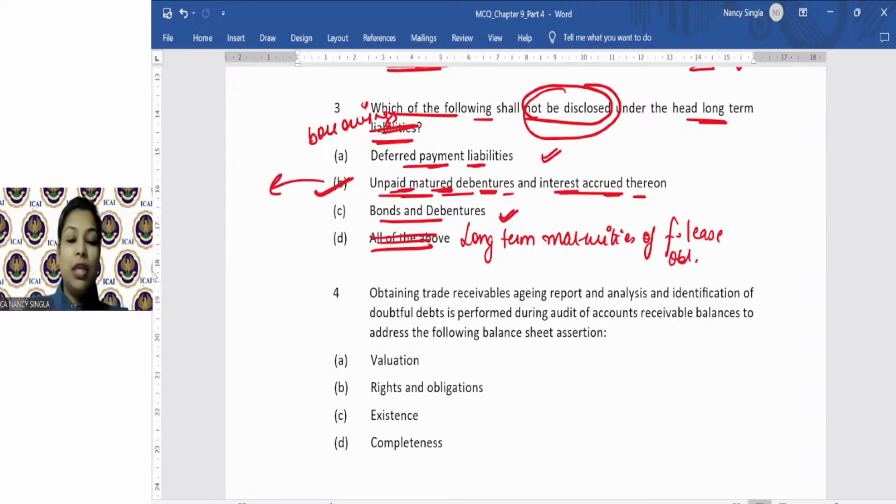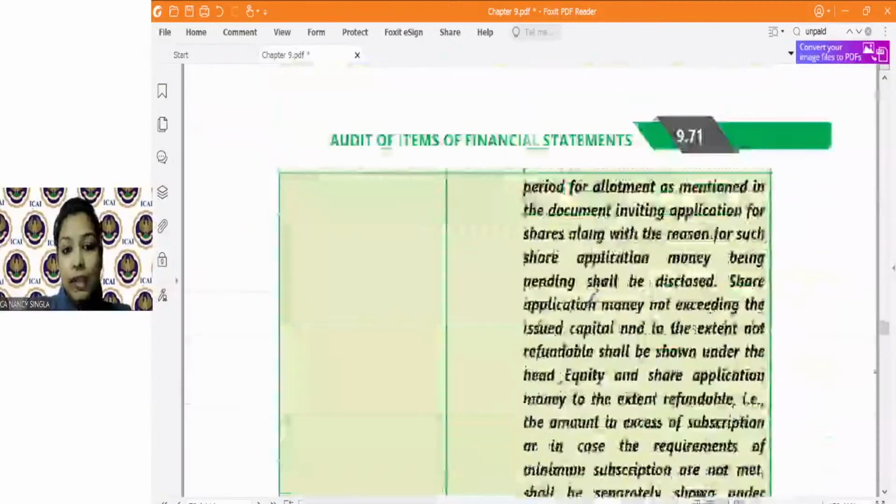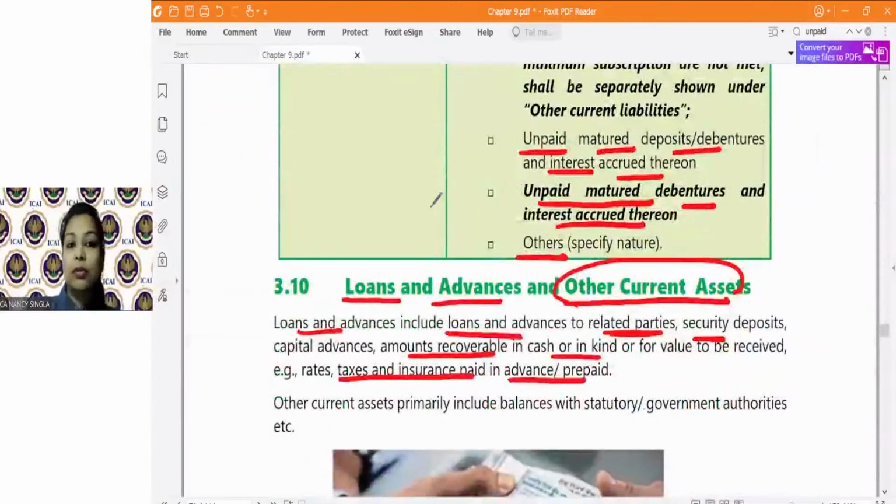Why? Tell me, where will it come? So it will come where? Under other current liabilities. Let me just take you through the module. Other current liabilities we had studied, right? See this. Okay. Is it clear? Students, is it clear?